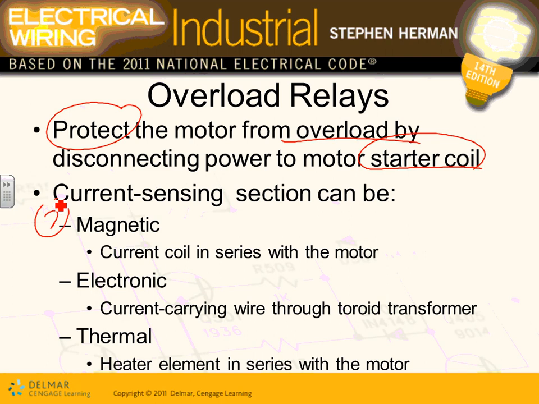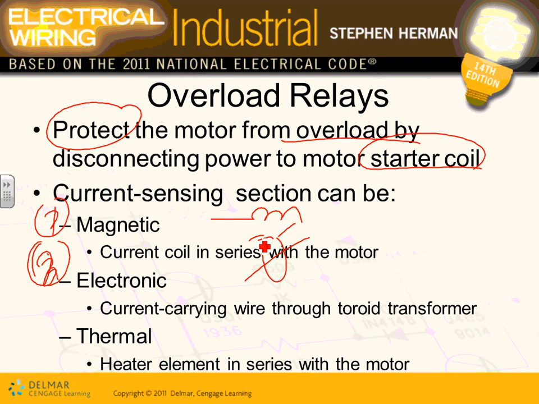They have a coil, basically, and when that coil picks up some voltage, it will trip open a contactor. Number two is electronic. You have a wire and a solenoid, sensing the current. If the current increases up to 25%, that's an overload, a trip.